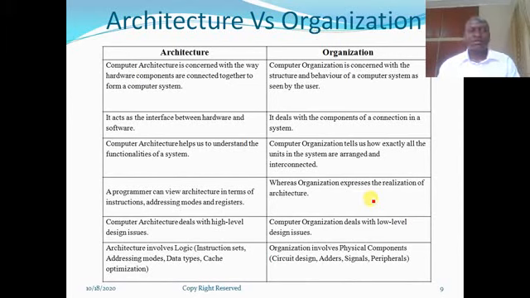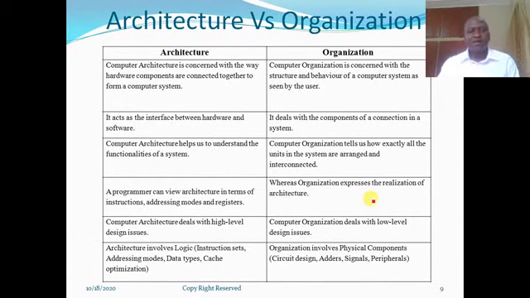Architecture acts as the interface between the hardware and the software, while computer organization deals with the components of a connection in a system. Computer architecture helps us to understand the functionalities of a system, while computer organization tells us how exactly all the units in the system are arranged and interconnected.